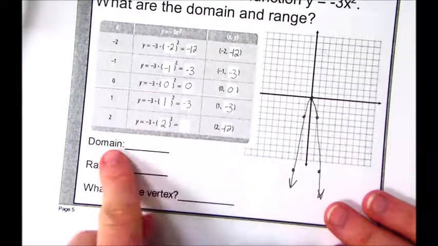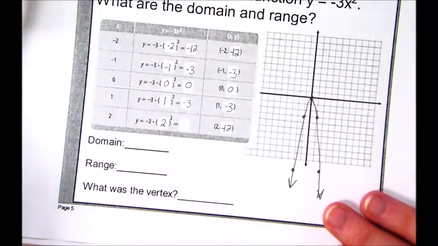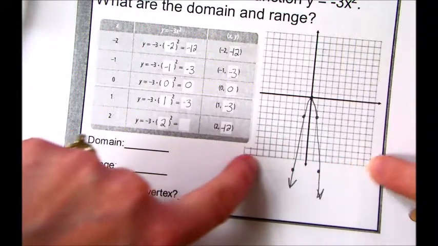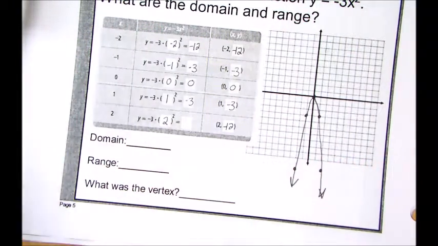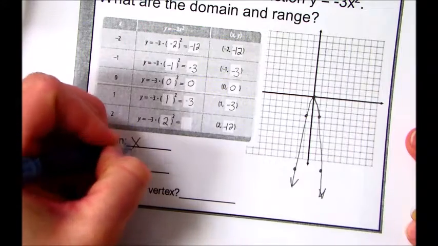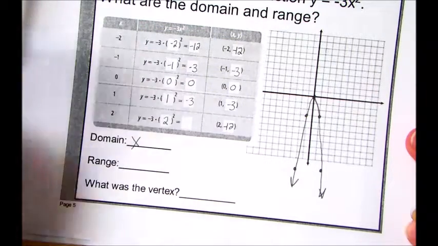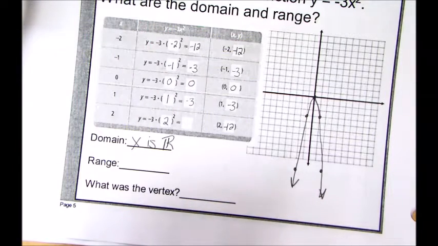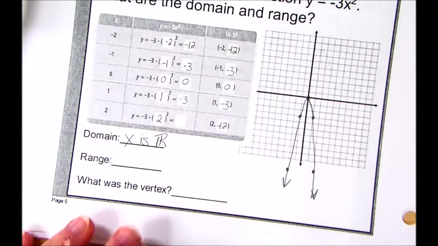Now, the domain means how far left and how far right does it go. Well, this is going to continue to spread out forever left and right. So we write domain are our x values, and for parabolas, x is all real numbers. That's what that weird looking R means. In other words, x can be anything. I can plug anything I want in for x, but the range is different.